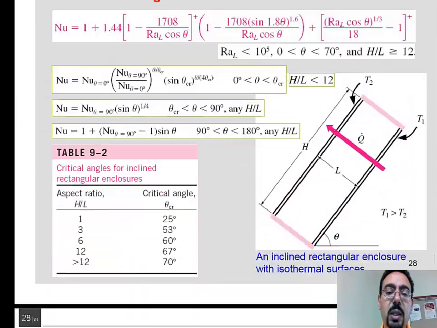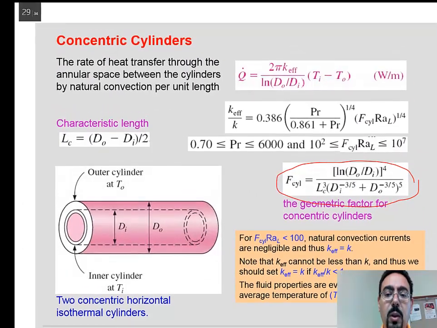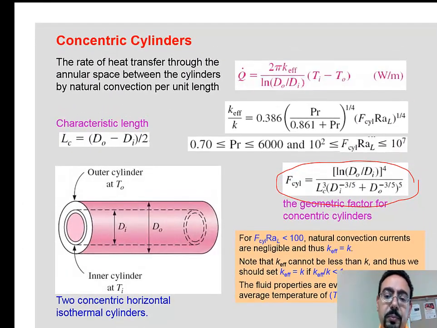We'll skip this too, the natural and horizontal. And this is the case when we actually have 2 cylinders, so the cell is actually between the 2 cylinders.